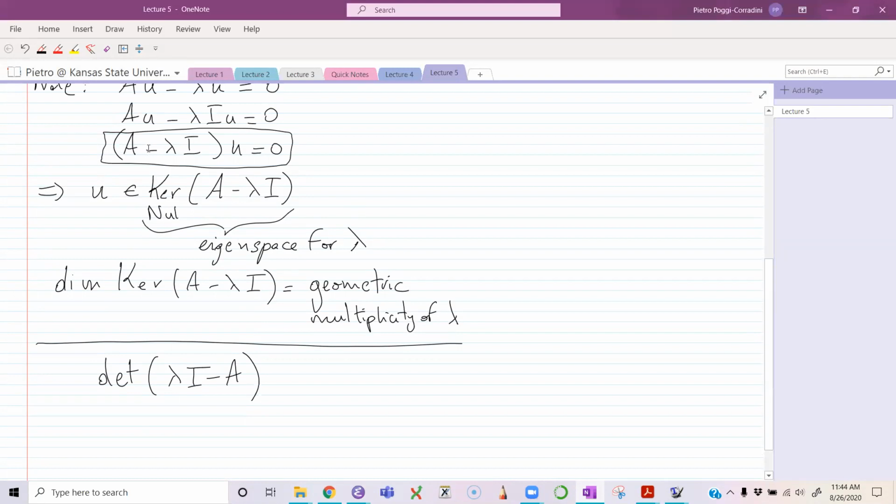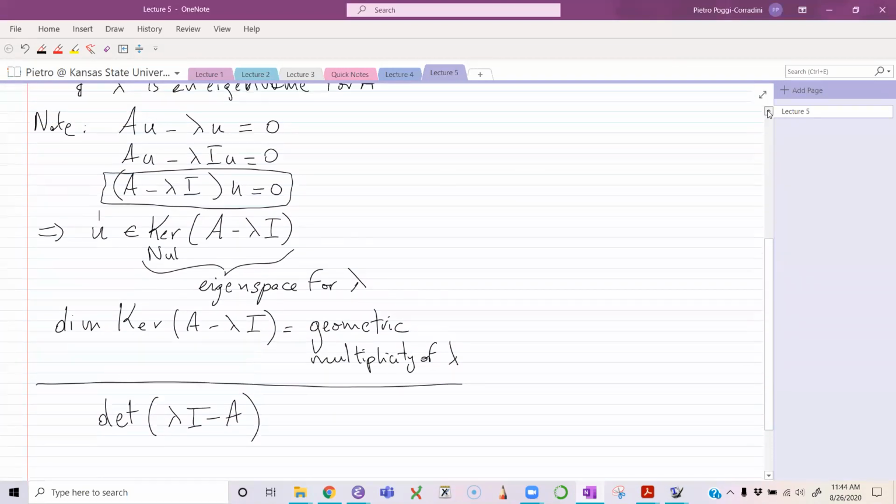If this is invertible, then the only solution is the zero solution. And so if the only solution is the zero solution, then there are no eigenvectors because the eigenvector has to be non-zero.